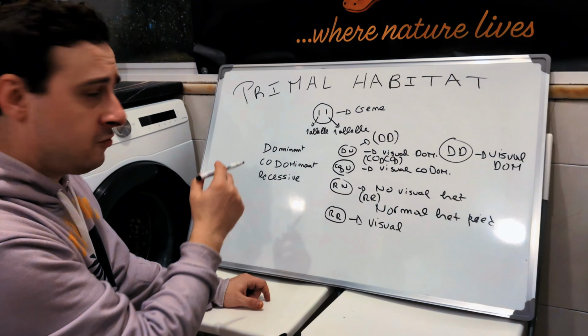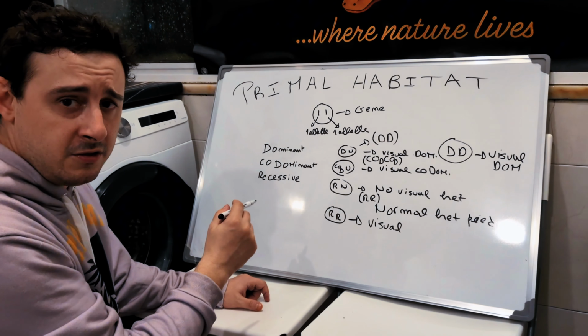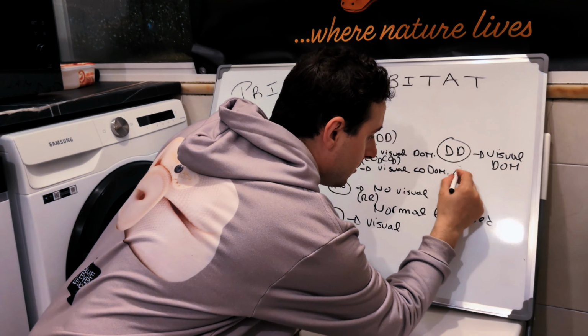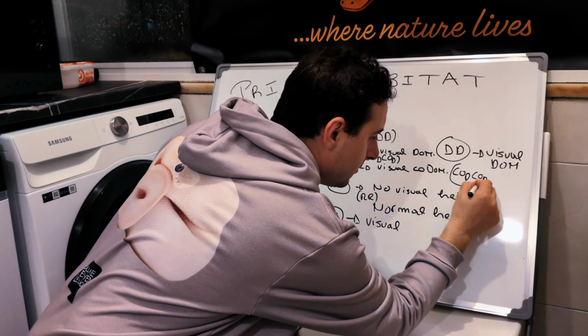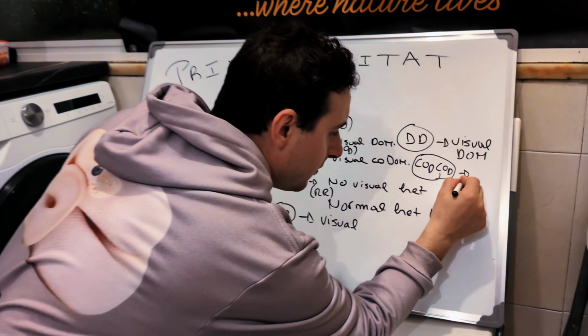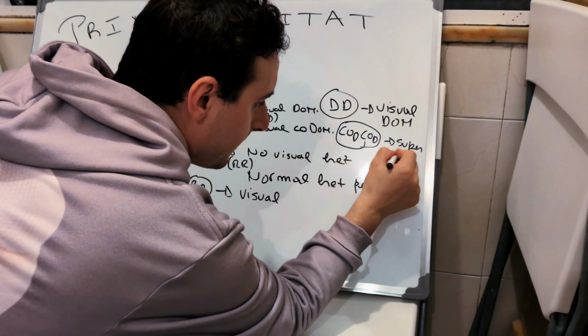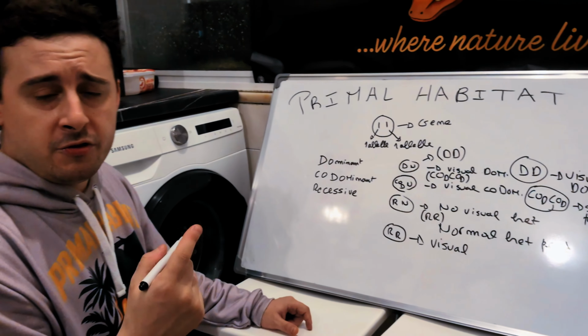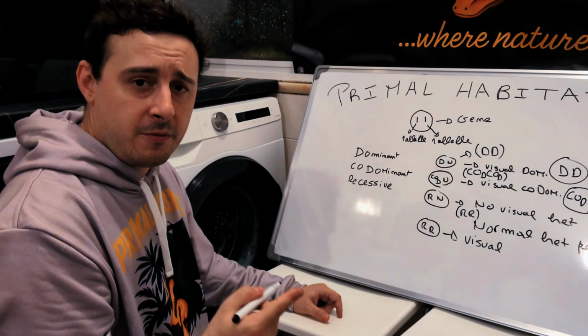But if you have 2 codominant alleles in one gene, you will have a super form. So 2 codominant will bring a super form. And this is the main difference between dominant genes and codominant genes.